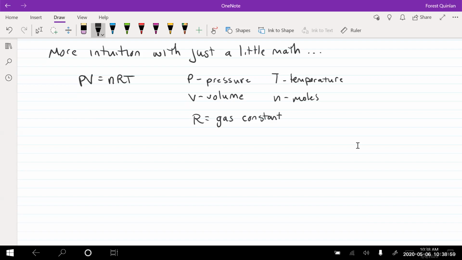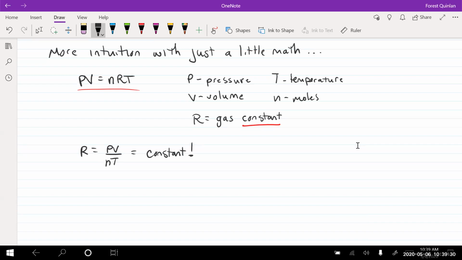But it's given the name gas constant because it is constant. Okay, so when we look at this, if we rearrange PV equals nRT, and we take it for R equals PV over nT, which means it is constant.